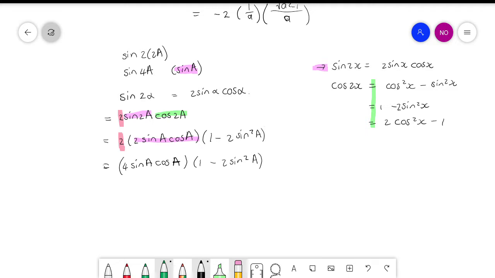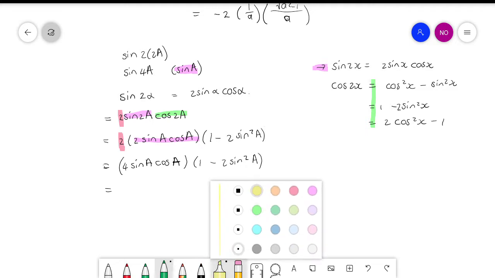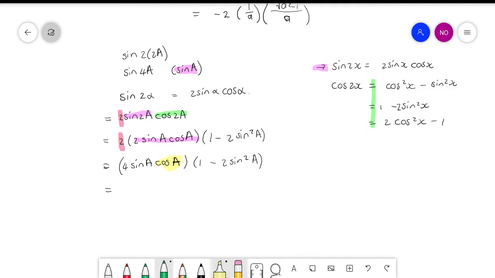All of this is fine, but this is still a problem. Okay, so how can I write cos in terms of sine?